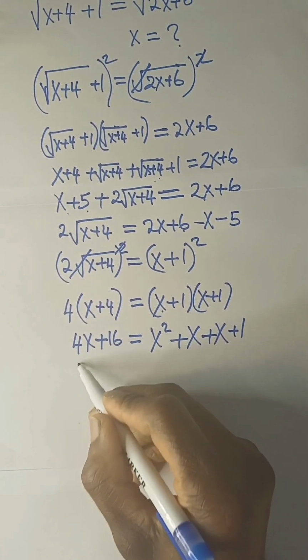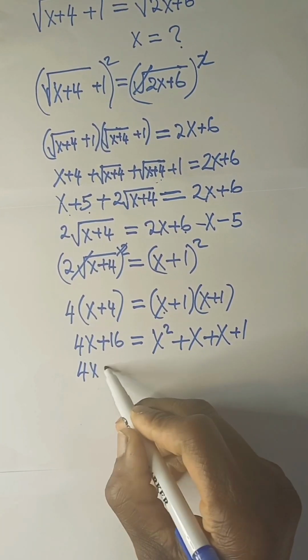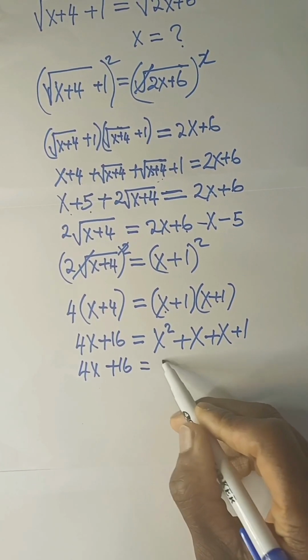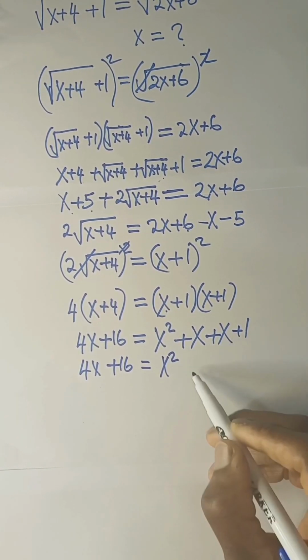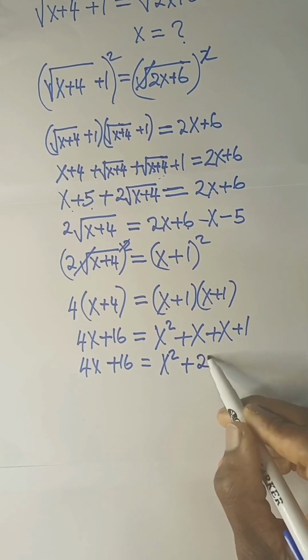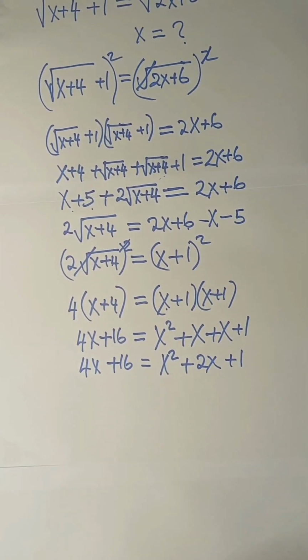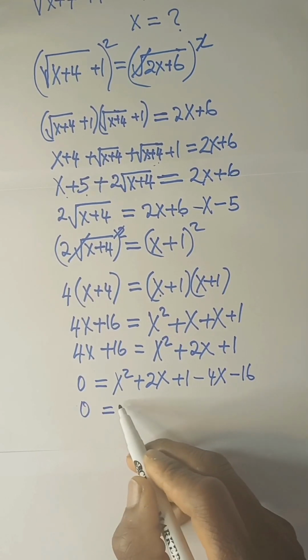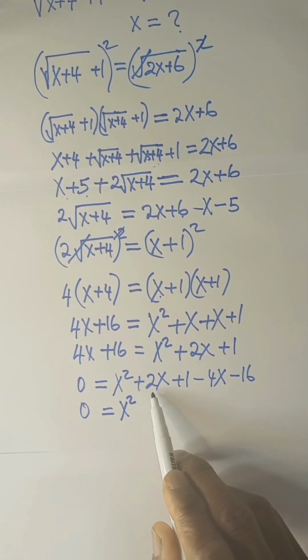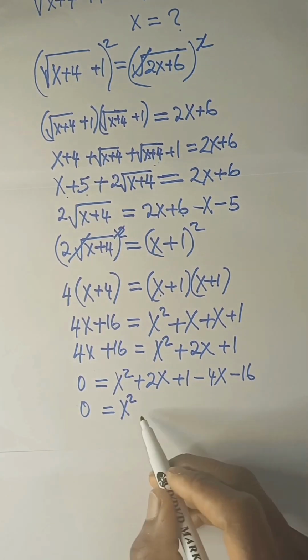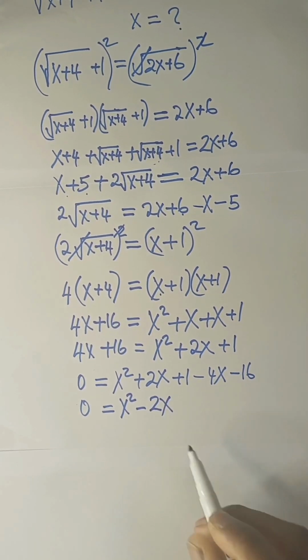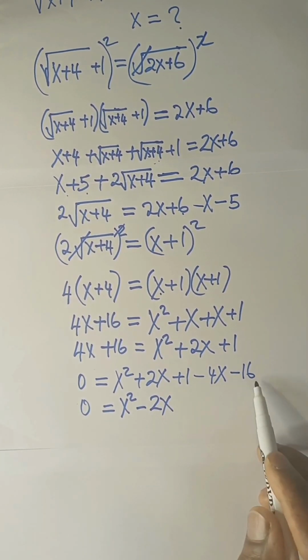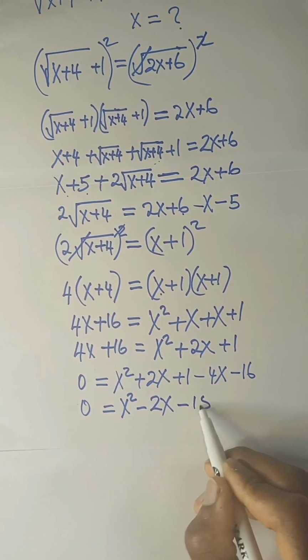So we will have 4x plus 16 is equal to x squared. x plus x will give us 2x plus 1. Now, let us equate it to 0. So 0 is equal to x squared. 2x minus 4x is going to give us minus 2x. And plus 1 minus 16 is going to give us minus 15.